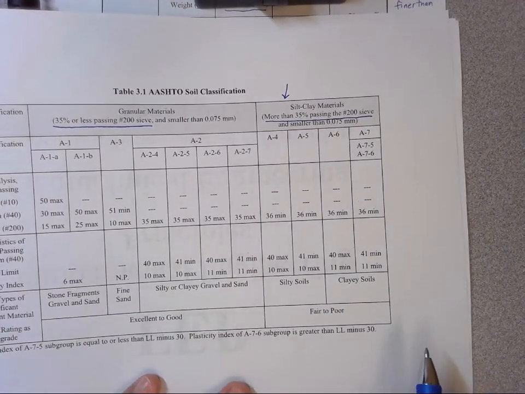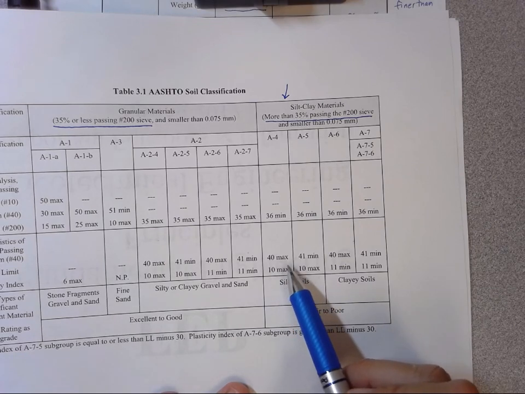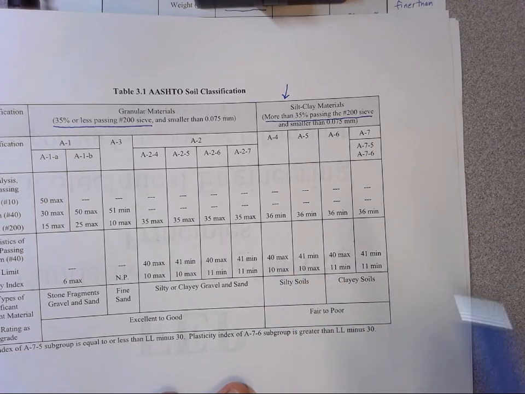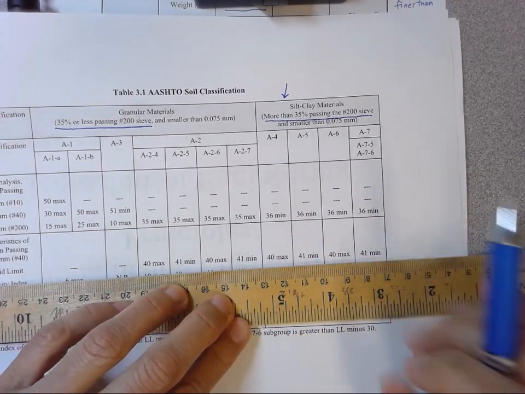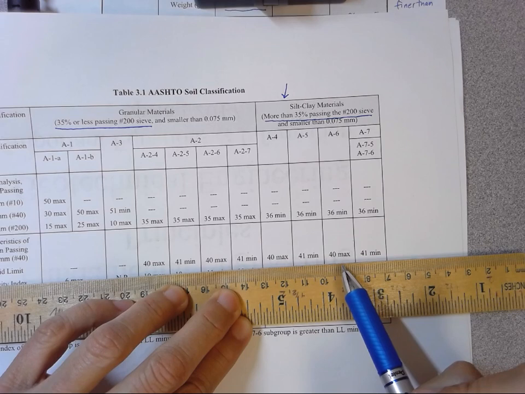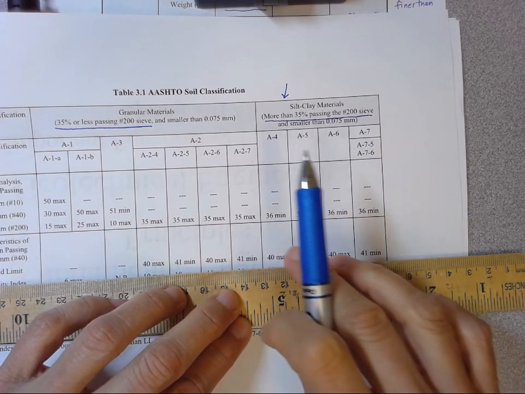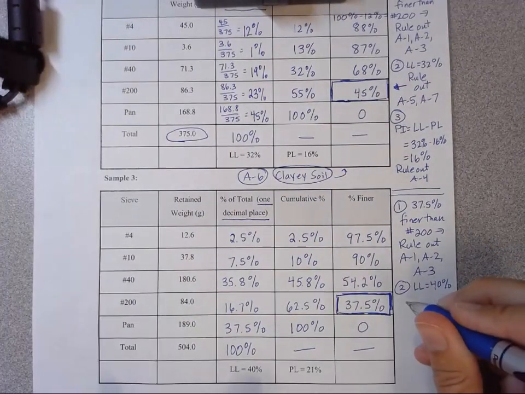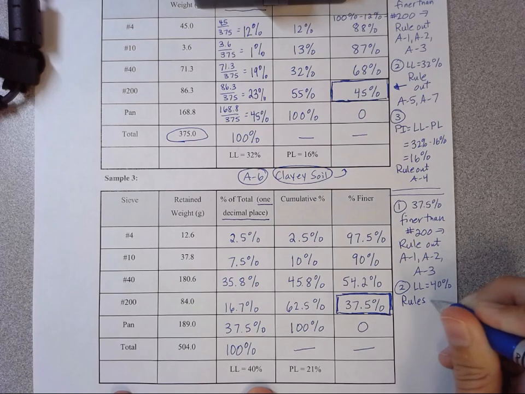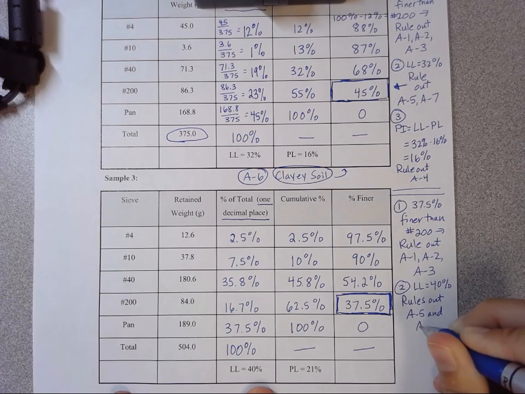If it's 40%, yeah, it could be a 40 max, but it couldn't be a 41 min because it's going to be less than 41. So that's going to rule out A5 and A7 again.